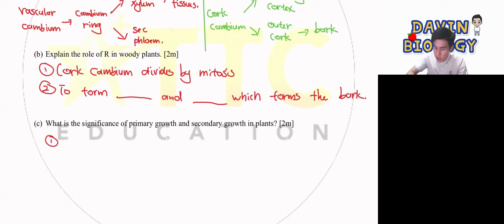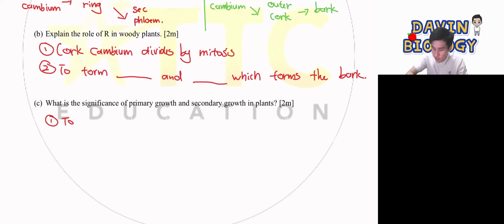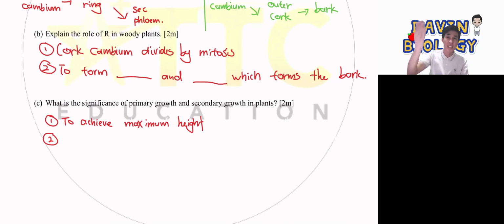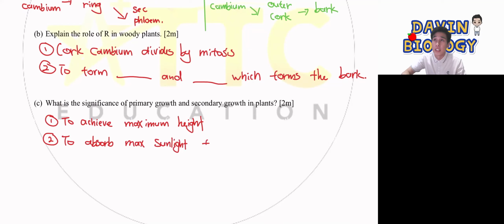So you can say number one is to achieve what we call maximum height. Why do you want to grow taller? Obviously, what's up there? Sunlight, photosynthesis. To absorb maximum sunlight for photosynthesis.